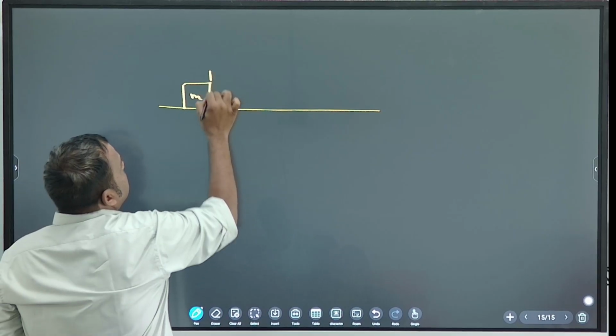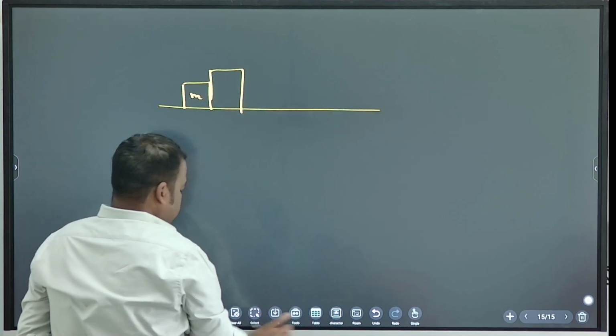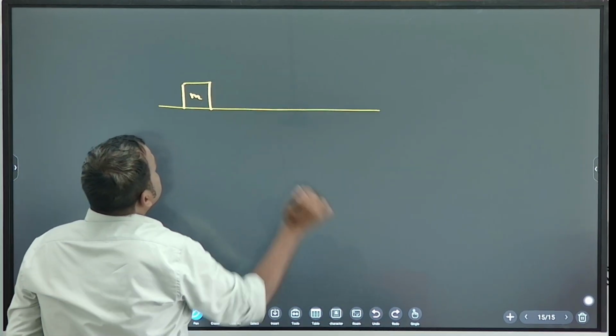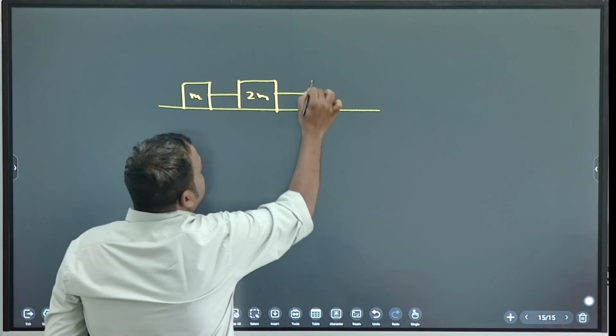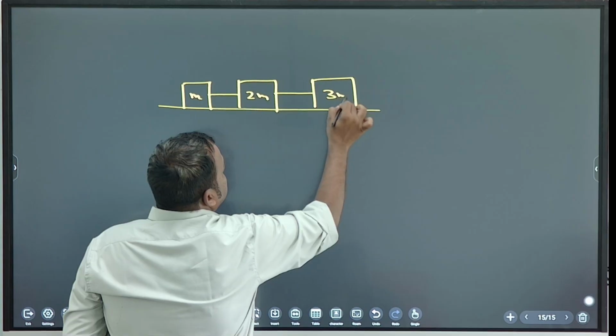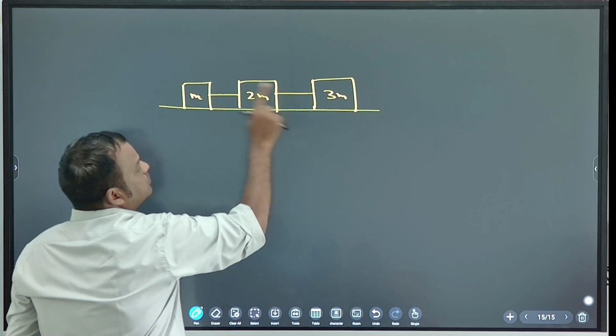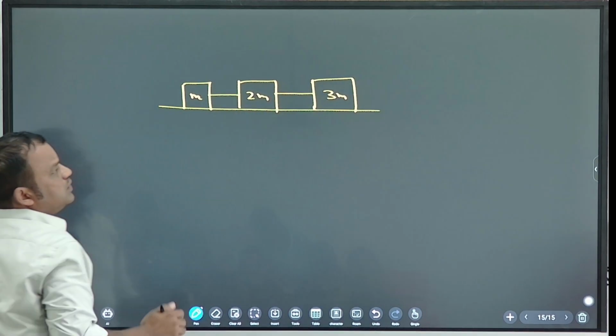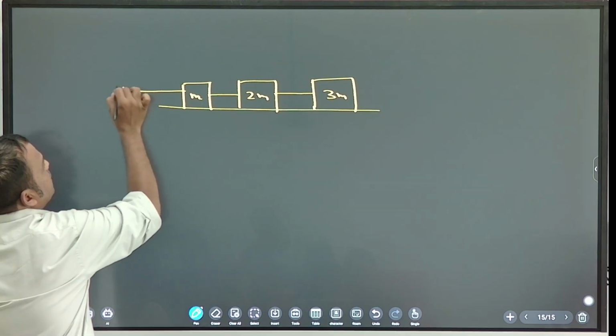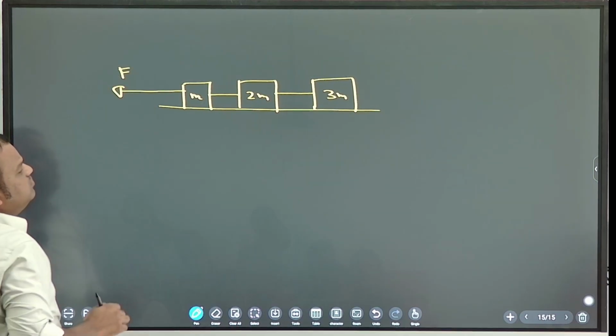M is connected to 2M. 2M is connected to 3M. How many strings? 2 strings. How many blocks? 3 blocks. Now you are exerting force F on M.